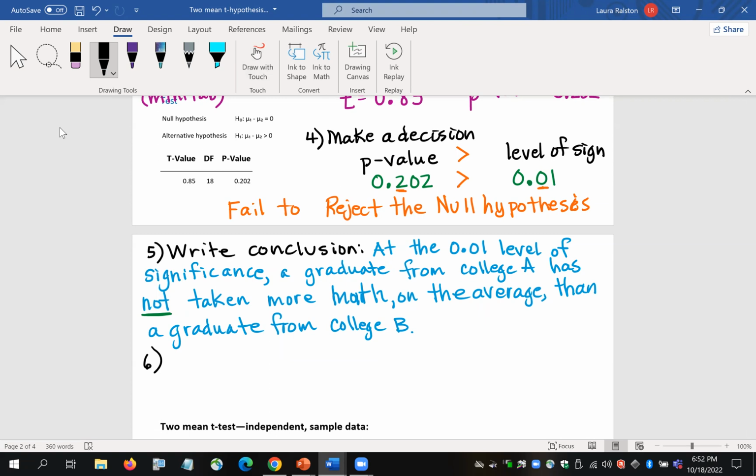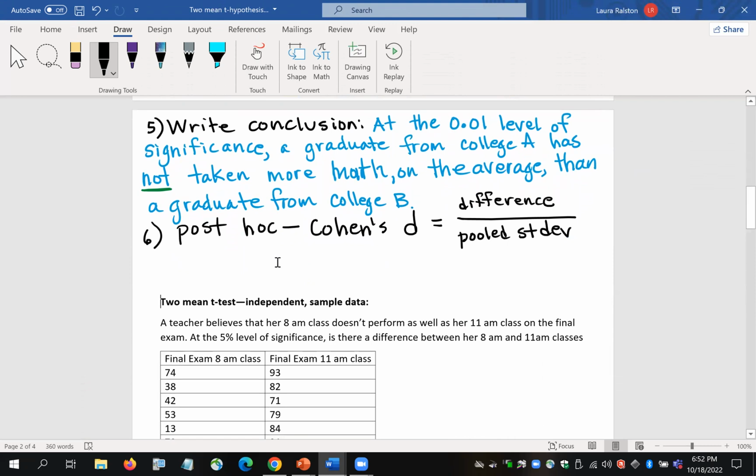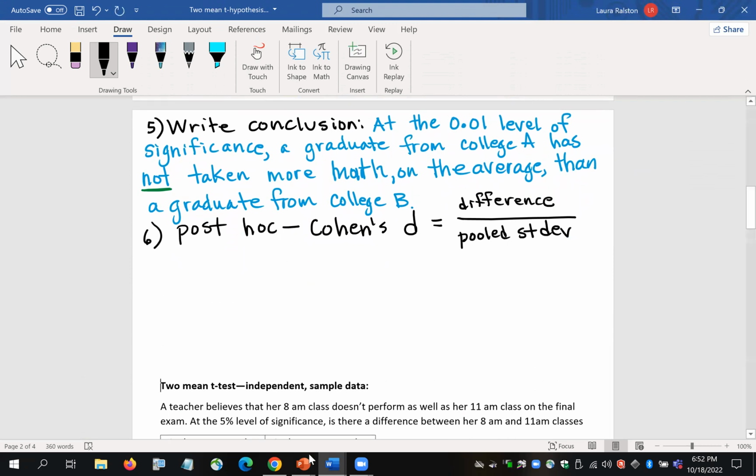So for this independent t-test, we have to go one step further and run the post hoc test, which is Cohen's d. Again, the formula for Cohen's d is we look at the difference and we divide it by the pooled standard deviation. All of that information we have already been given in Minitab.